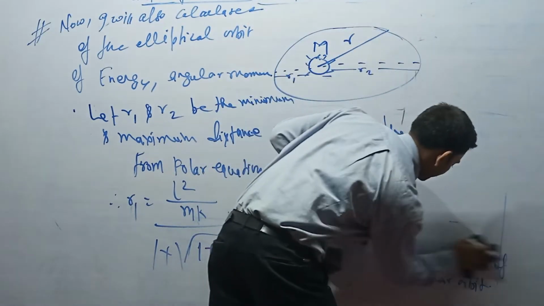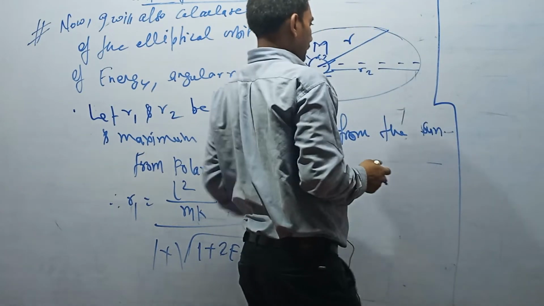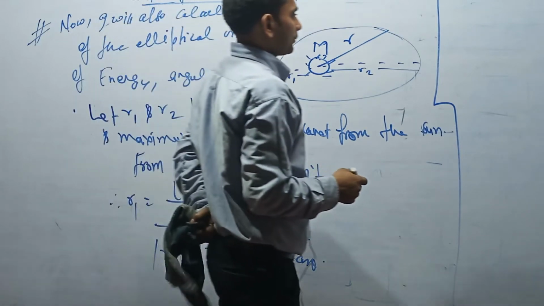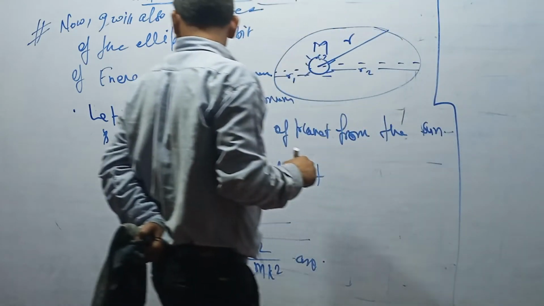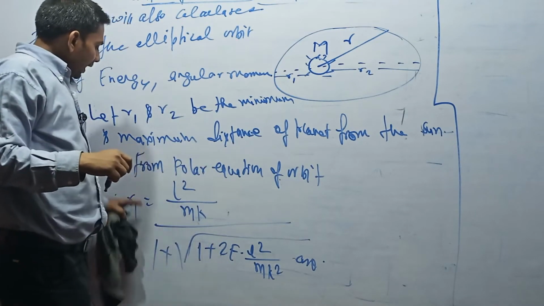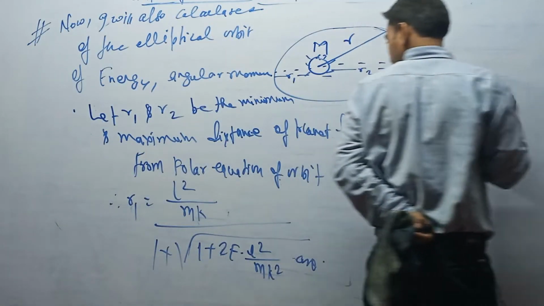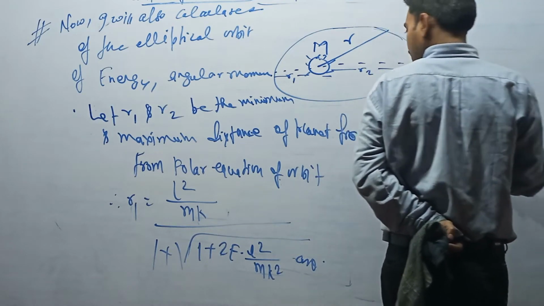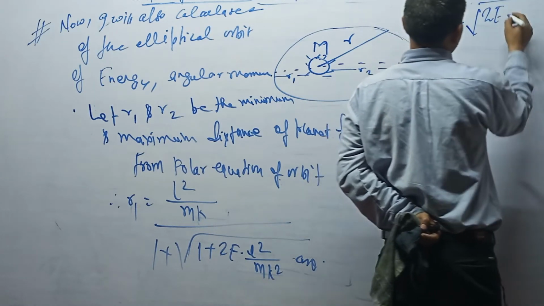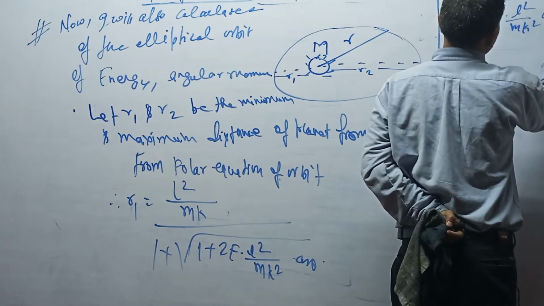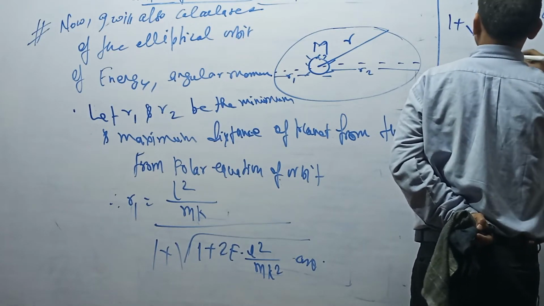So now, cross multiplication: 1 plus under root 2E L square by m k square cos theta equals L square upon m k r1.